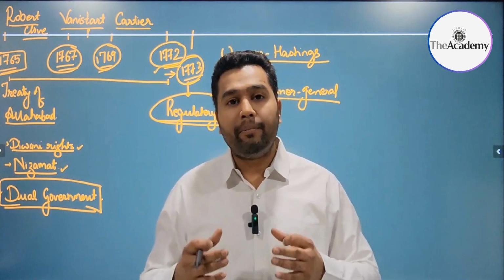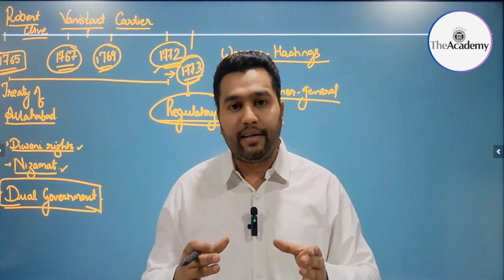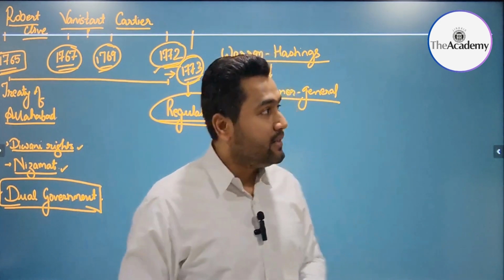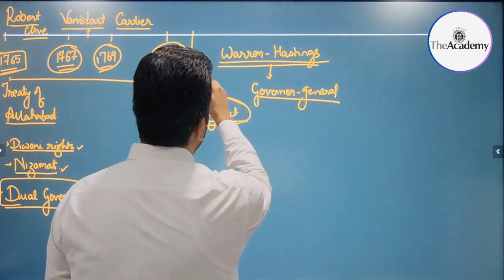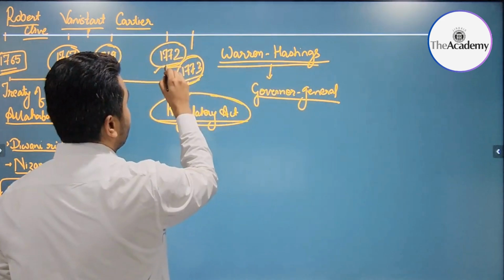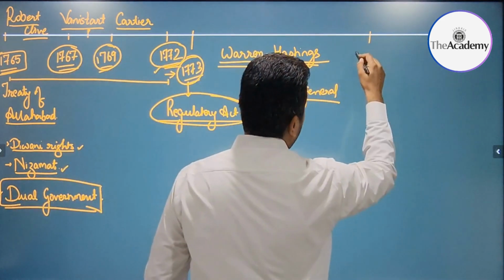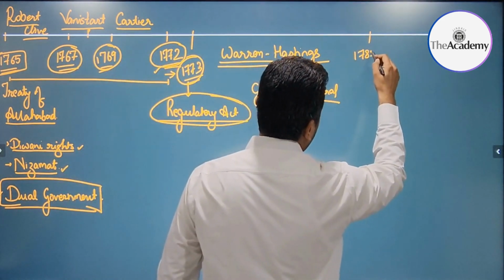So an attempt was made by the British to understand Indian culture. And this would be the characteristic period of Warren Hastings, whose time period is from 1772 till 1785.